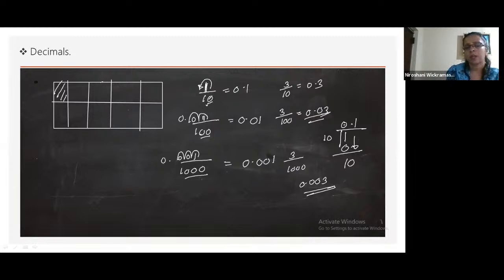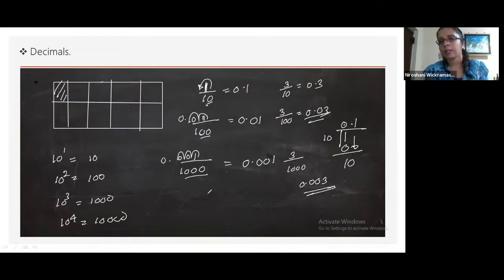What is the meaning of powers of 10? 10 to the power 1 is 10. 10 to the power 2 is 100. 10 to the power 3 is 1000. 10 to the power 4 is 10000. Don't worry if you haven't learned this yet. When powers of 10 are at the denominator, we can move the decimal place back according to the number of zeros at the denominator.